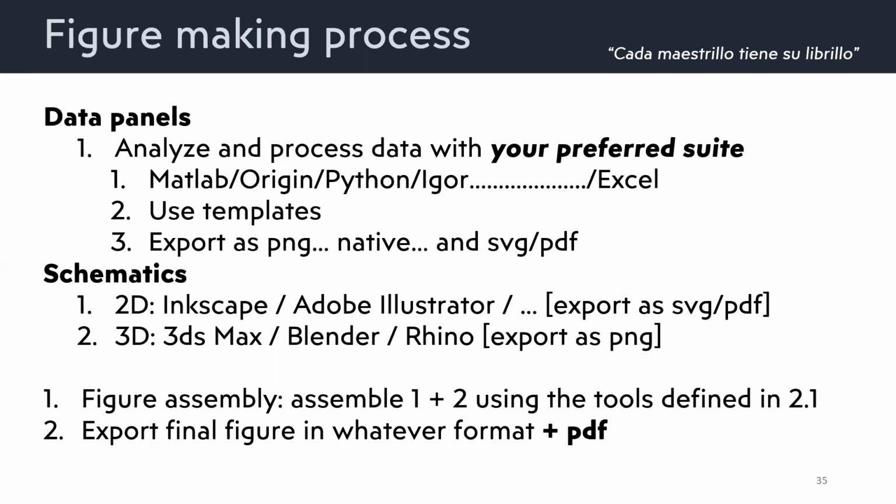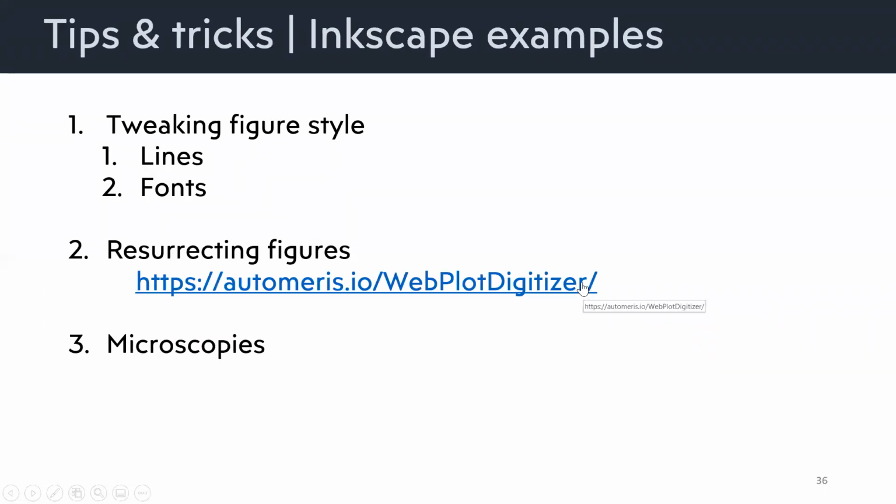This will help you, for example, combine different panels later. For figure assembly and export, I always use Inkscape, but Adobe is equally nice. Again, Photoshop, PowerPoint is very limited in the sense that you cannot export, import, or edit vectorial graphs in the same way.